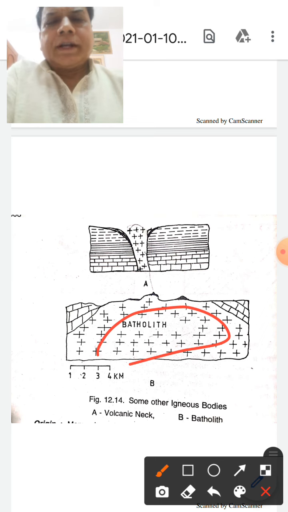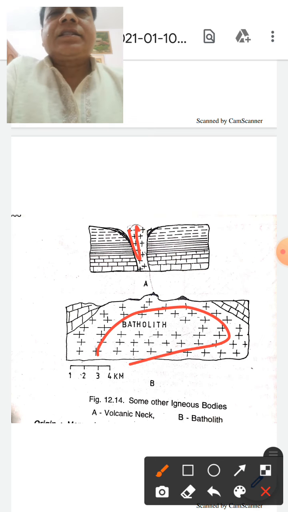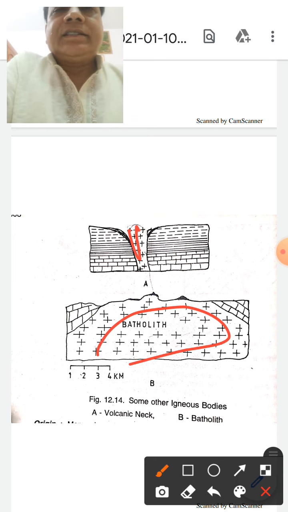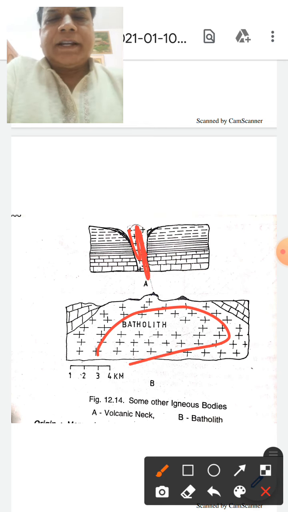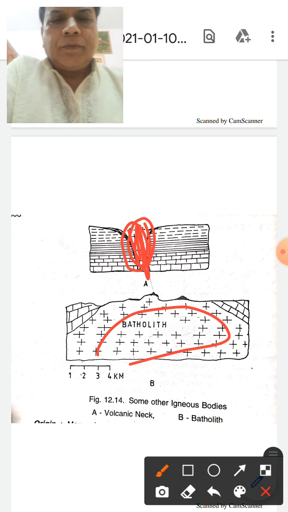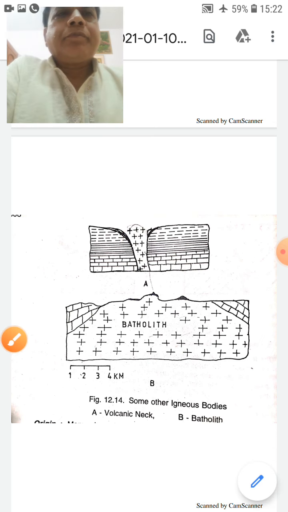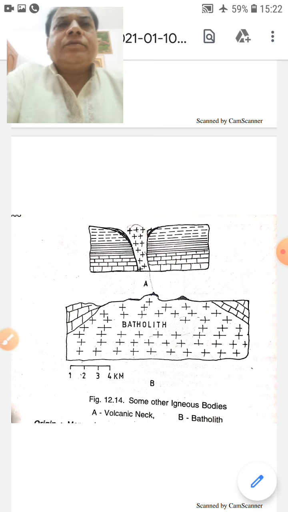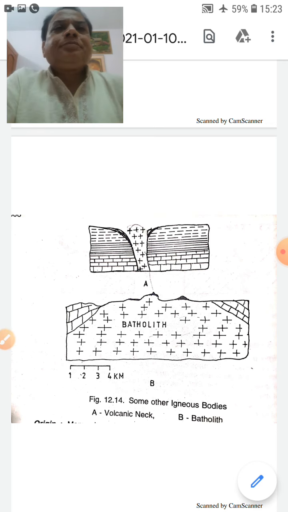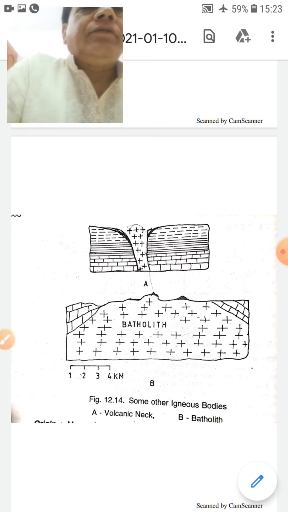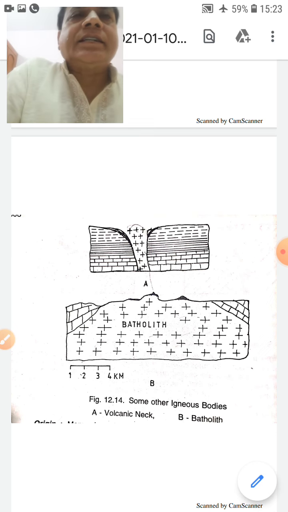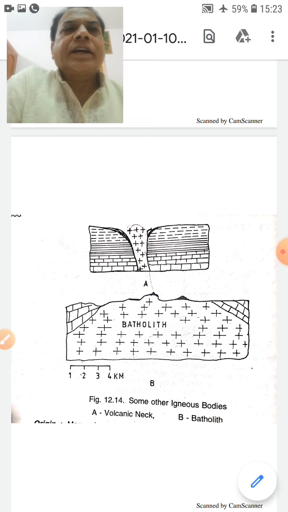Right. Now the volcanic neck, you can notice here, is simple: some vents of quiet volcanoes have become sealed with intrusions. Such intrusions are termed volcanic necks. This igneous body has a neck shape. Such intrusions are termed volcanic necks or volcanic plugs also.